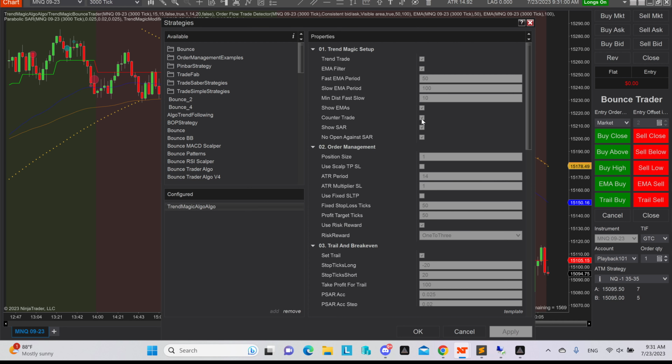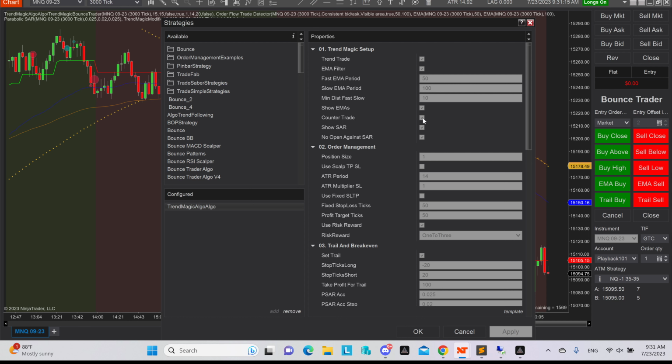So here are my default settings. Now, about this counter trade, I will show you what that is later. It's still experimental, so I'm still working on that.